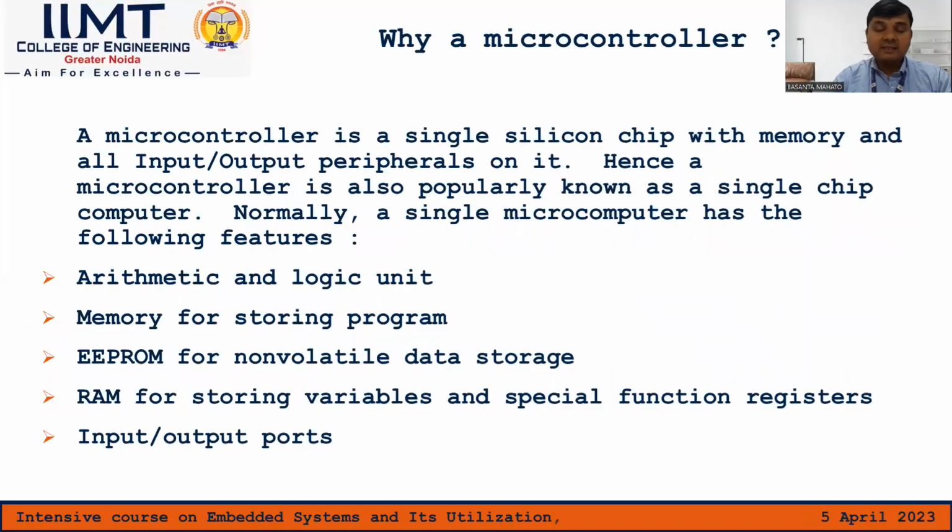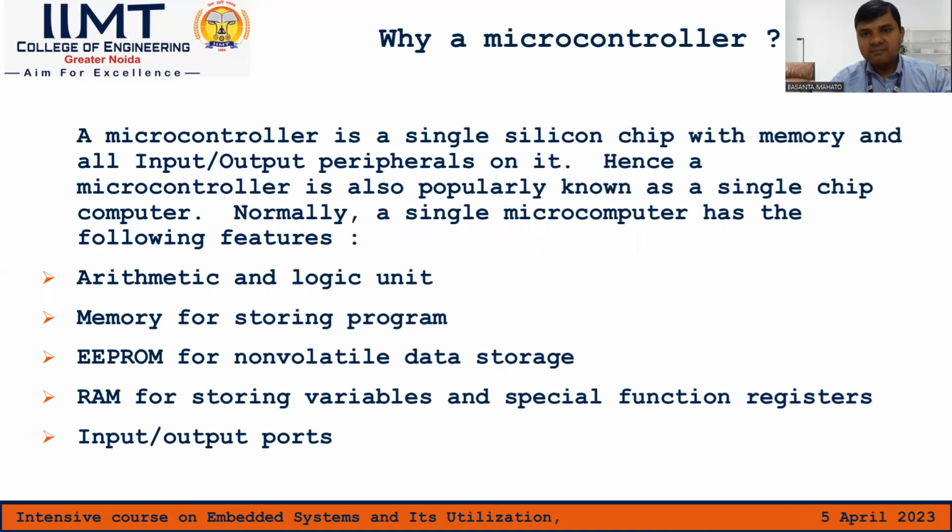The question is, why then microcontrollers? The answer is, it is a tiny, small module. That's why microcontrollers. A microcontroller is a single chip where all the supporting module blocks are inside.